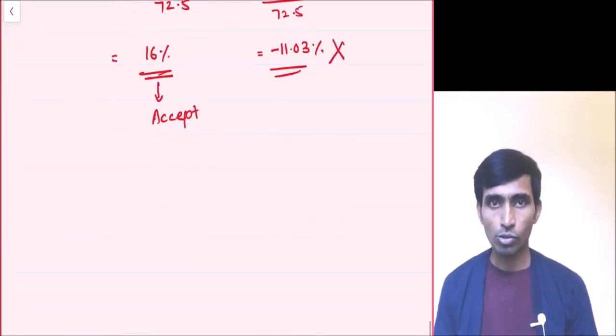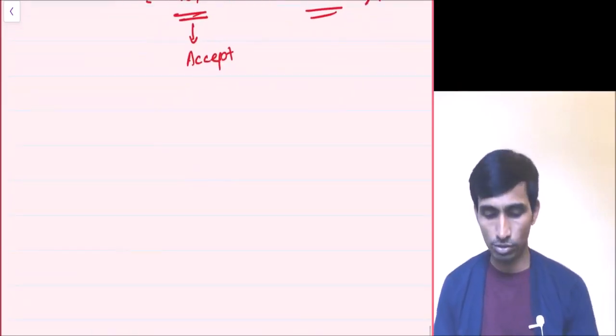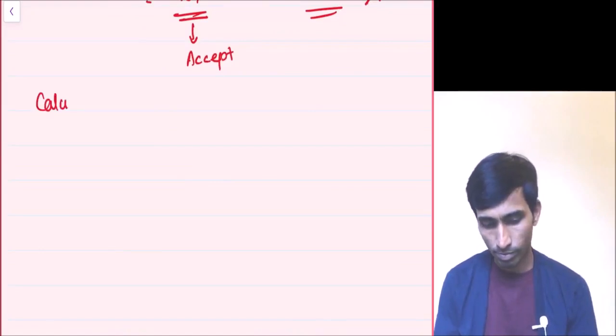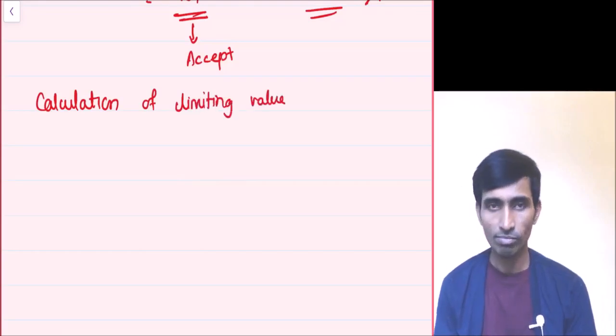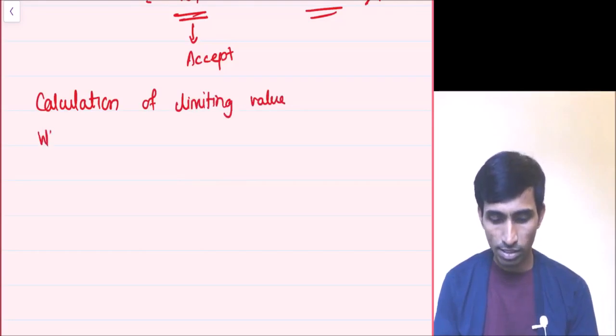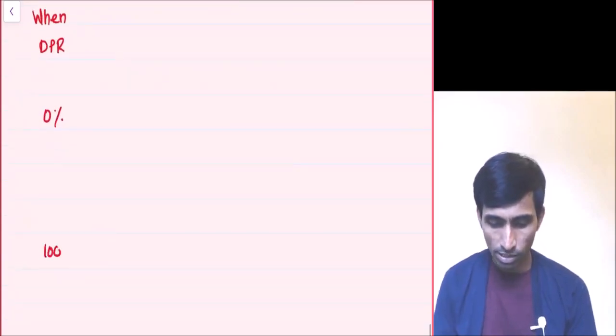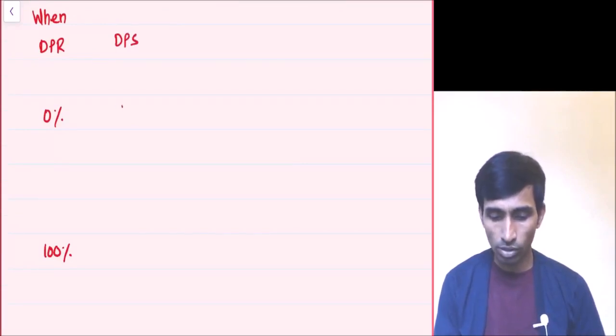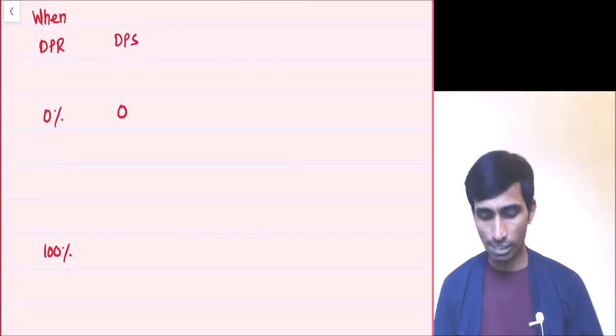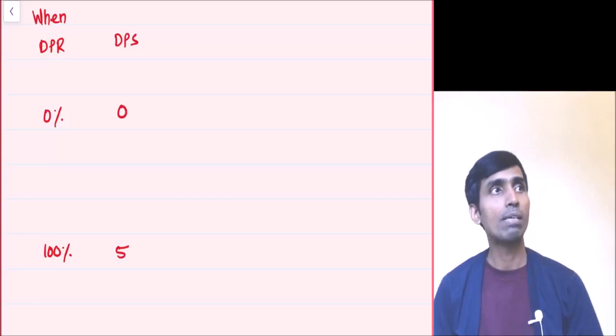So, calculation of limiting value. When dividend payout is equals to 0%, and when dividend payout is equals to 100%. Here the DPS would be 0, correct, earnings was 5, so with full 100% I'll pay dividend.